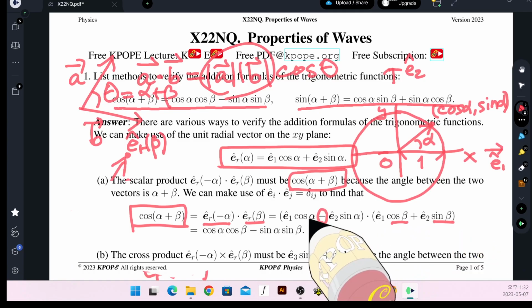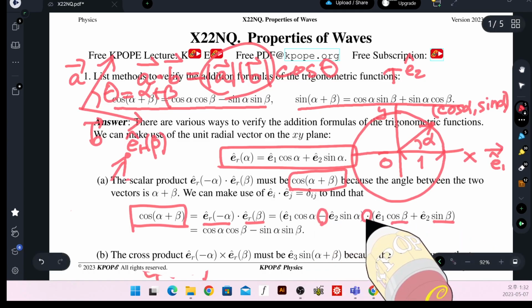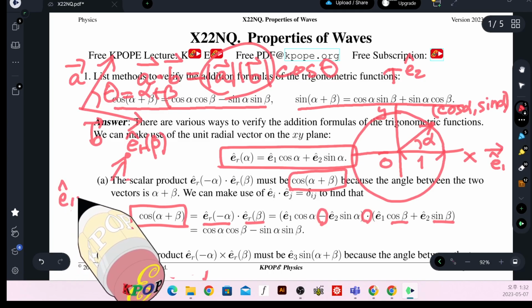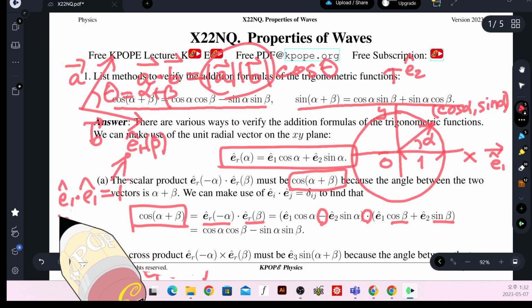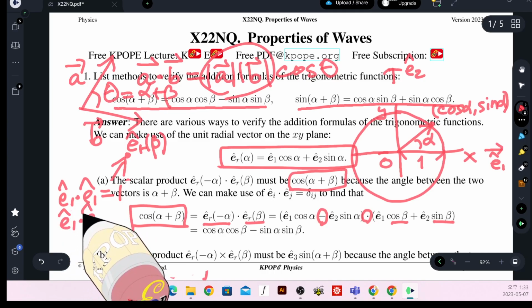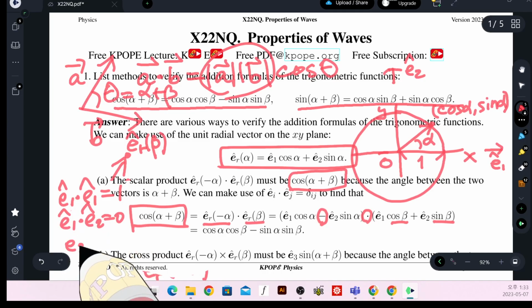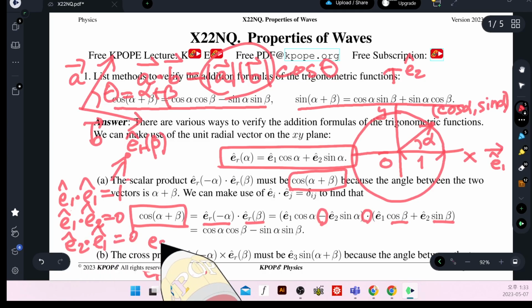We make a scalar product, and we know E1 dot E1 equals 1, E1 dot E2 equals 0, E2 dot E1 equals 0, and E2 dot E2 is also 1.